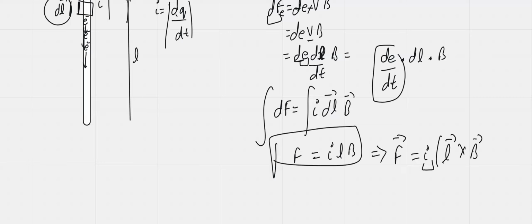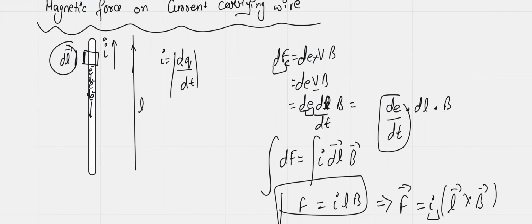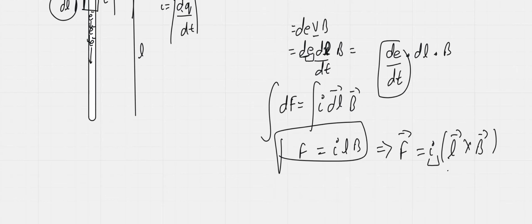If you ask why I put the cross product, we can go to vector form also. This was dq; instead we can put it in whole vector form.